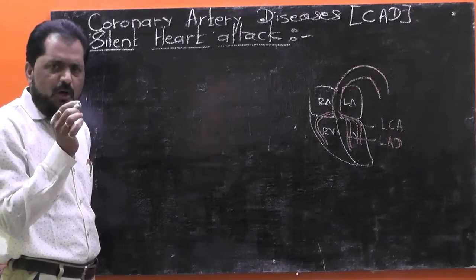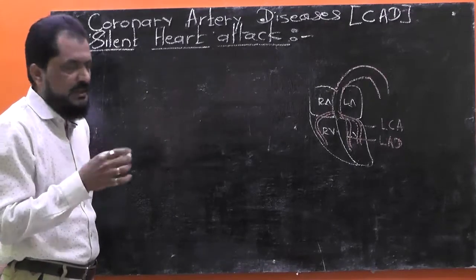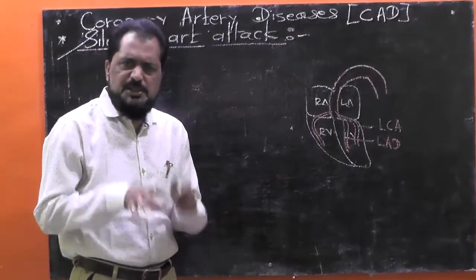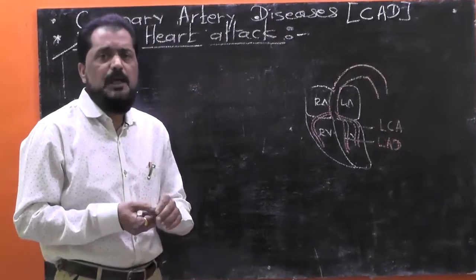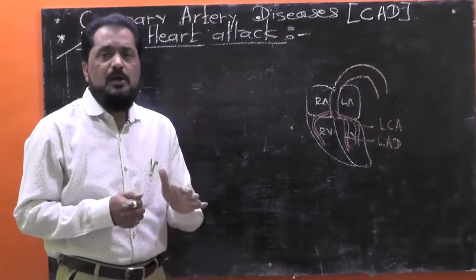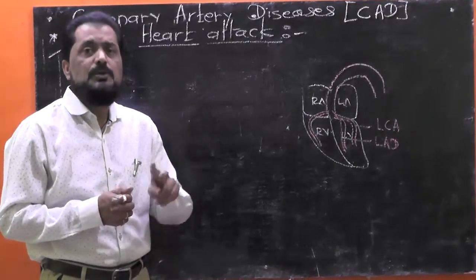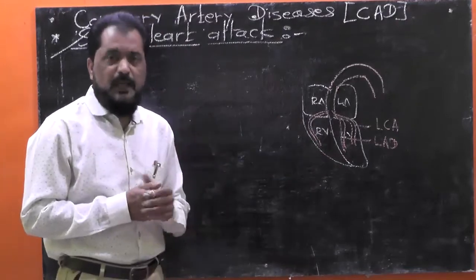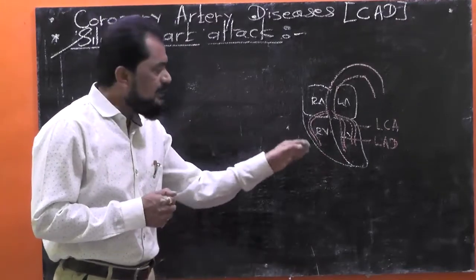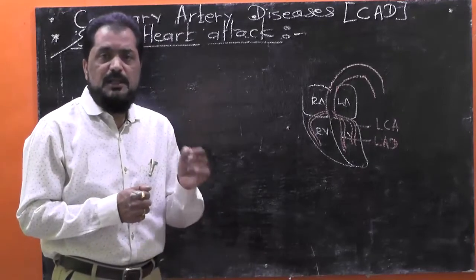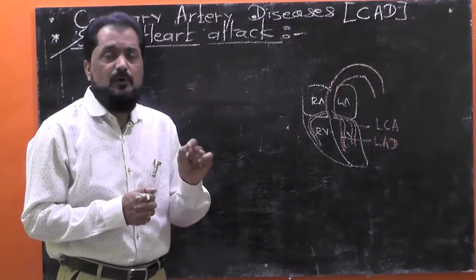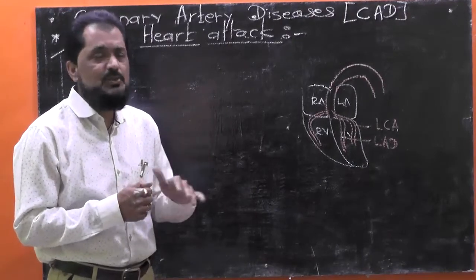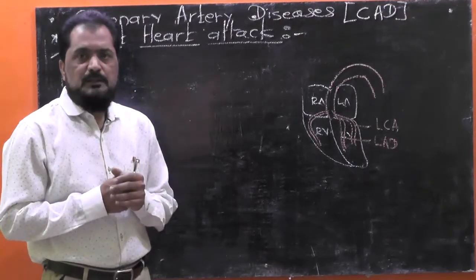When a clot or thrombus is formed in the coronary artery, it suddenly stops the supply of oxygenated blood with oxygen and nutrients to the heart muscles, and therefore the heart muscles cannot get enough blood, enough oxygen, nutrients, and therefore it leads to a heart attack.